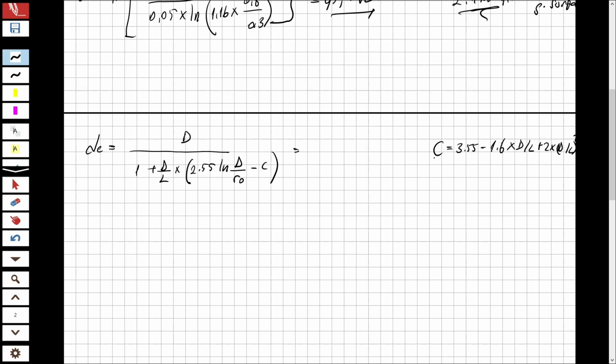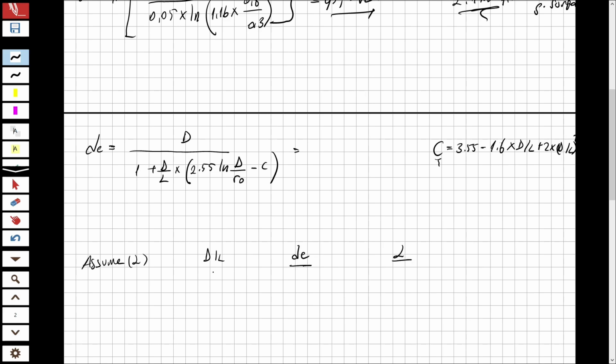Now this is the formulation of C, and we are going to write here as assumptions. Assume L, and we are going to need a d over L value, and of course the equivalent depth and the exact length that we need.